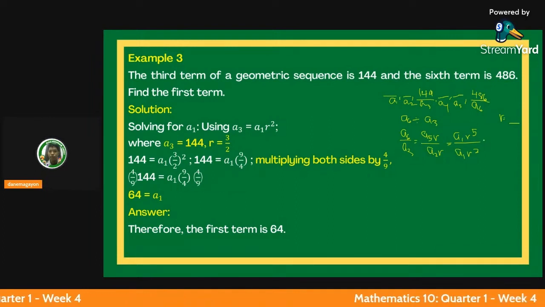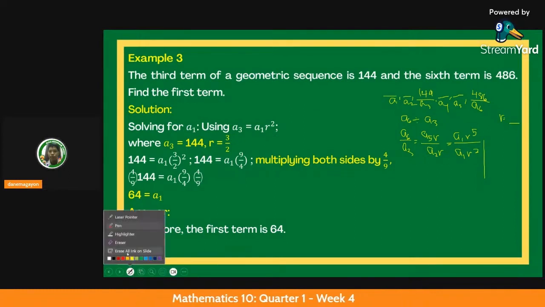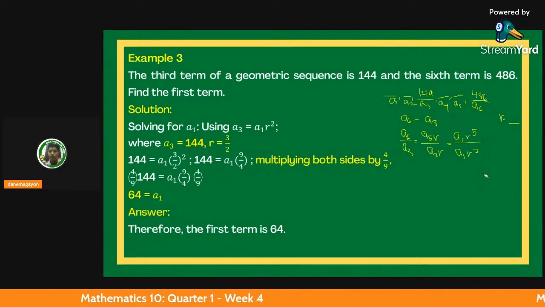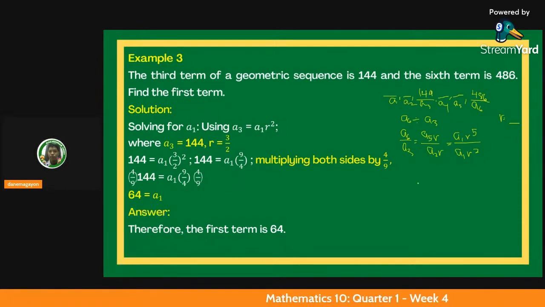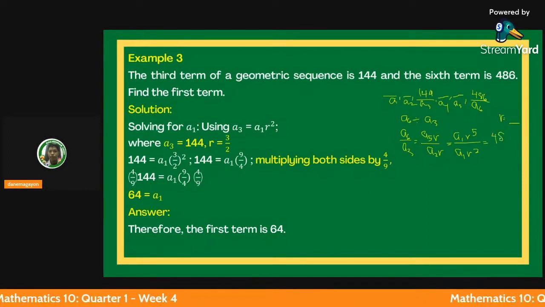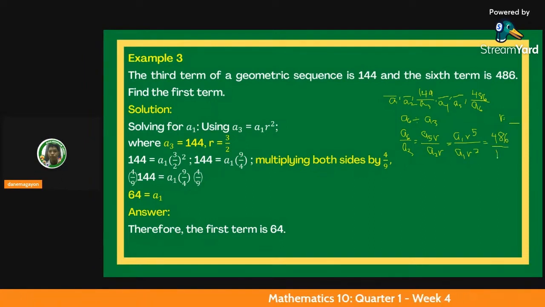Next natin, after that, aside dyan sa nandito sa slide natin, we will also divide yung corresponding value ng mga terms na yun. Like for example, yung A sub 6, A sub 6 is 486. Yung A sub 3 natin is, this will be equal to 144.